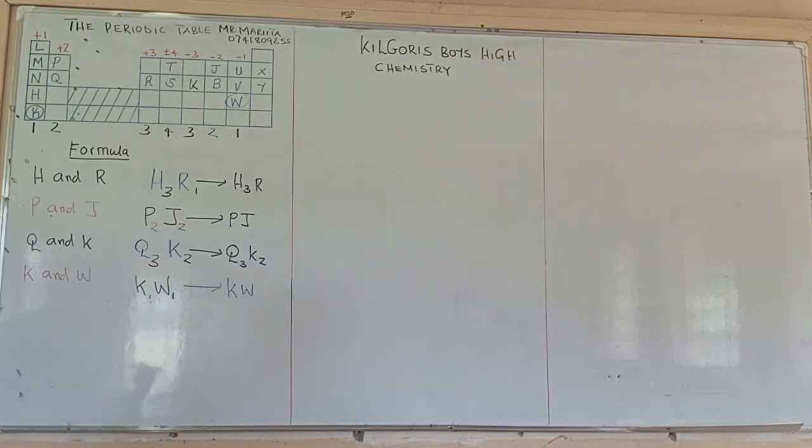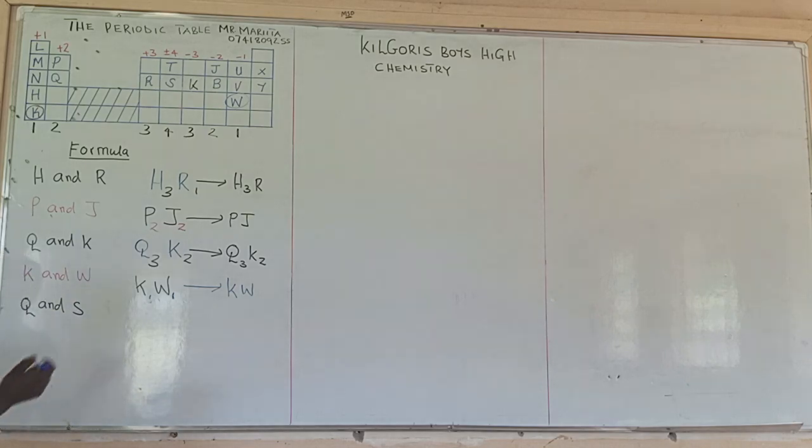Suppose now you have also been told to write the formula of the compound formed between element Q and S. So we can have element Q, and then we have S. How can you write this one?